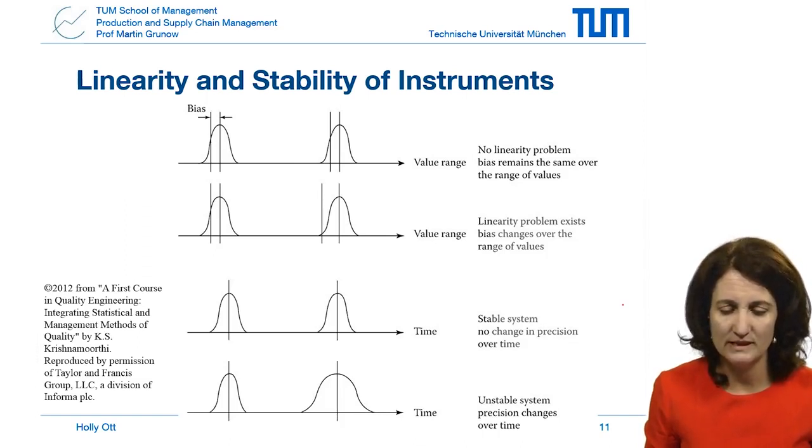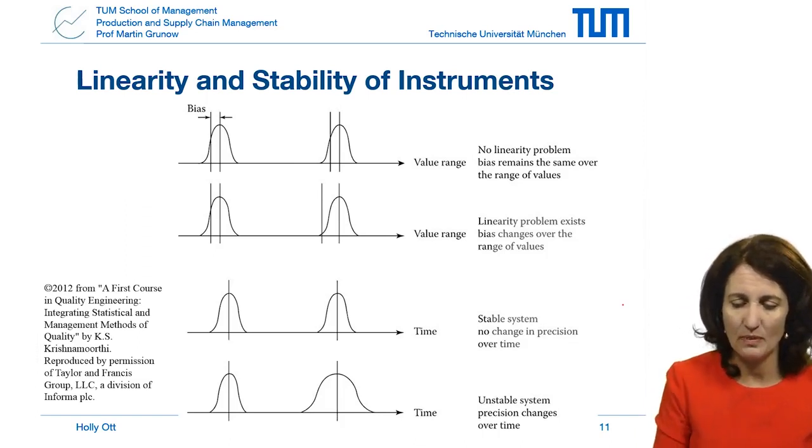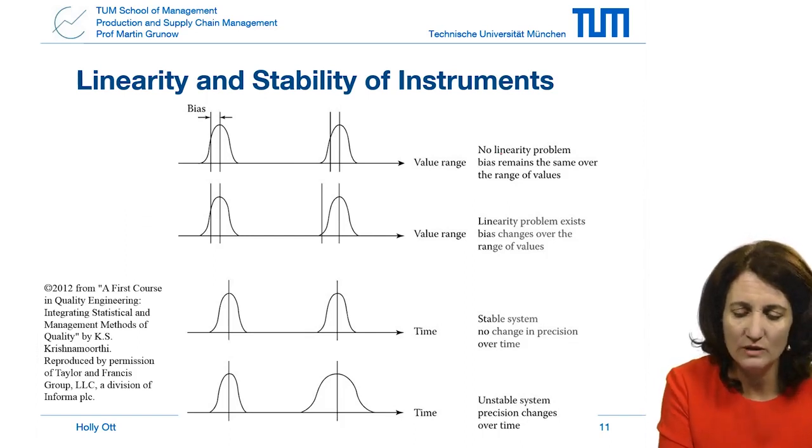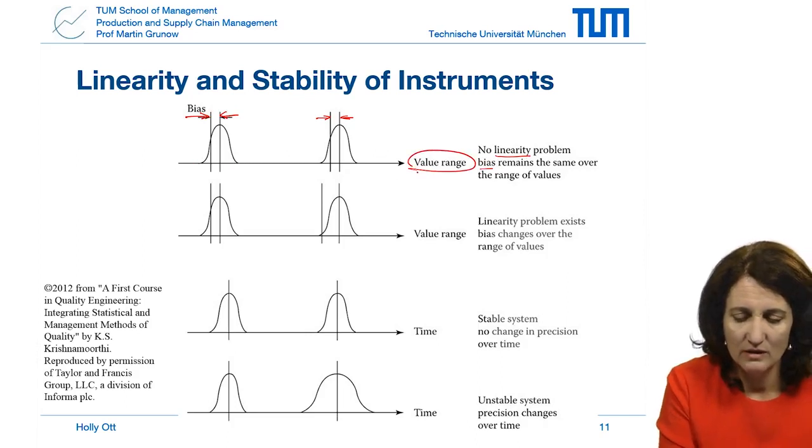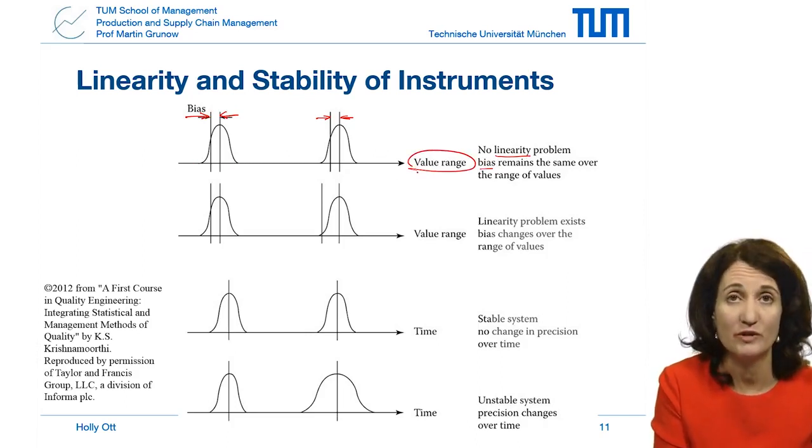Here we see that we have no linearity problem: the bias remains the same over all the different values of the range that we're measuring. So if it were temperature, low temperature and high temperature, the bias remains the same.